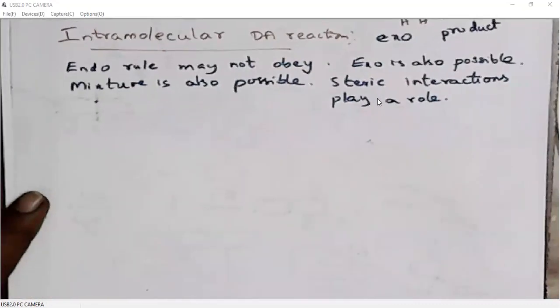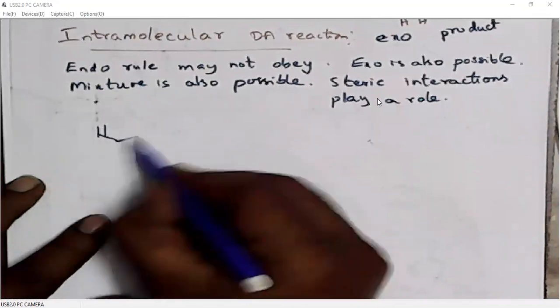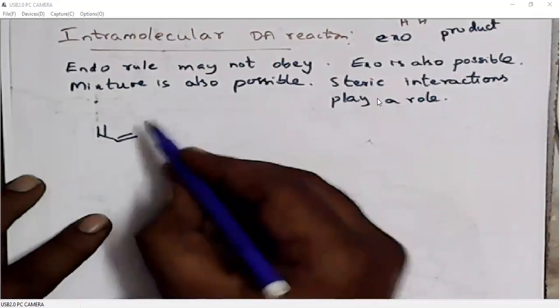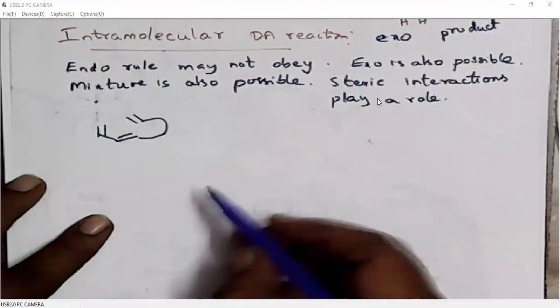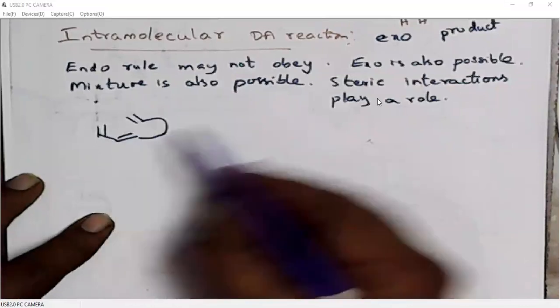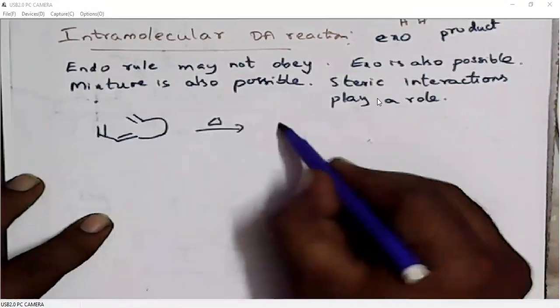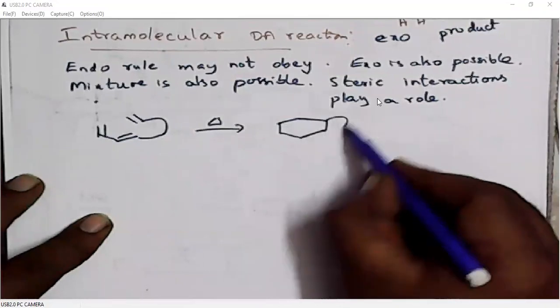I'm not writing it in a chain conformation just to save time. If we have a diene and dienophile both in the same molecule, then it is possible to have a Diels-Alder reaction in the molecule itself.